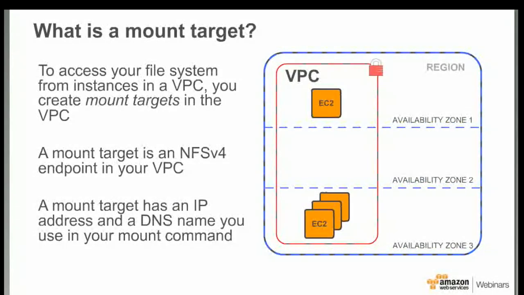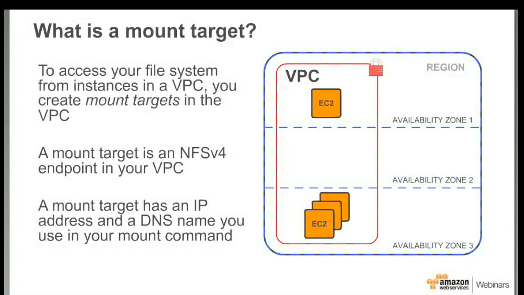On the previous slide, I mentioned the DNS name. That was in the mount command. And this is something that's created when you set up your file system. DNS names resolve to the address of something that we call a mount target. So what is a mount target? Well, to access your file system from instances in a VPC, you create these things called mount targets in the VPC.